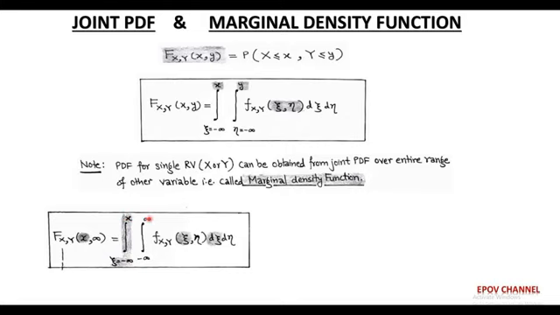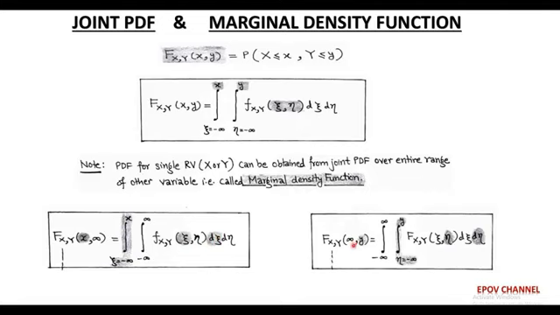So in this case, the function becomes marginal and written as capital F function x comma infinite, and this is called marginal density function. Also, we can put x tends to infinity and take a finite limit of y, that is eta equals to minus infinity to small y, and in this case marginal density function is capital F function infinite comma y.